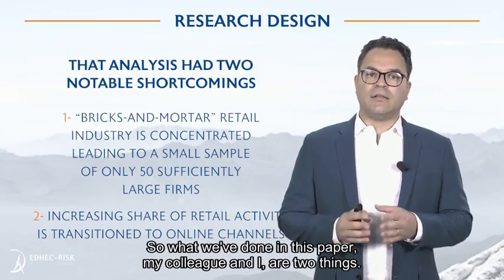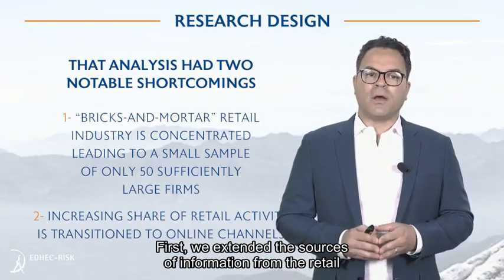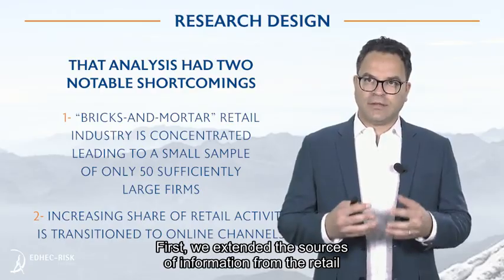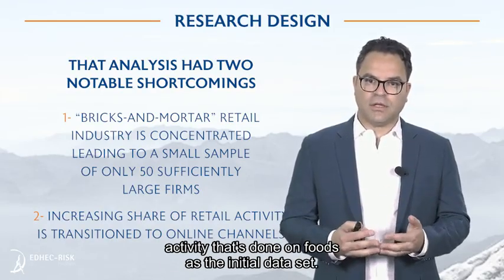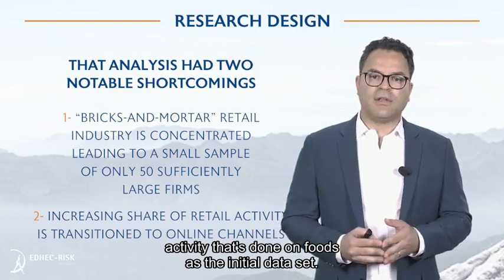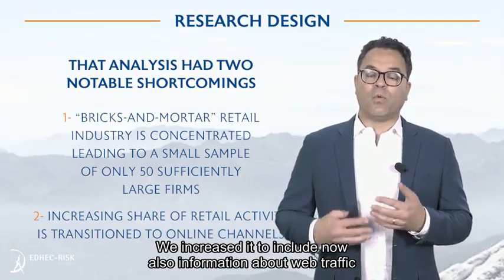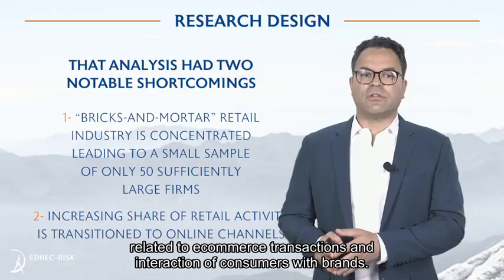So what we've done in this paper, my colleague and I, are two things. First, we extended the sources of information from the retail activity that's done on foot, that's the initial data sets. We increased it to include now also information about web traffic related to e-commerce transactions and interaction of consumers with brands.